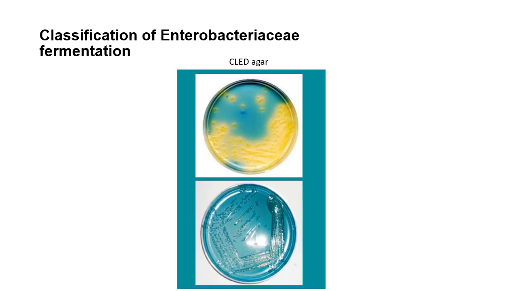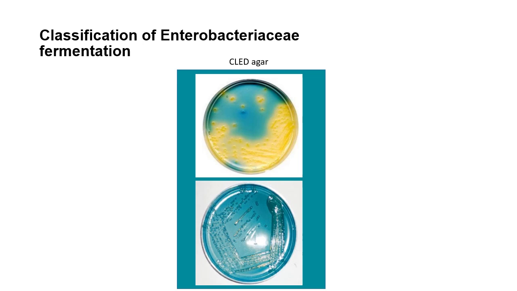Now, this is a very important classification. Again, it's another type of fermentation process because it's a different sugar. In the previous test, we spoke about glucose. Here we are talking about agar which contains lactose.